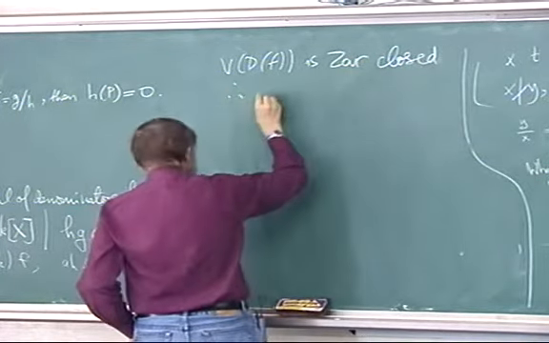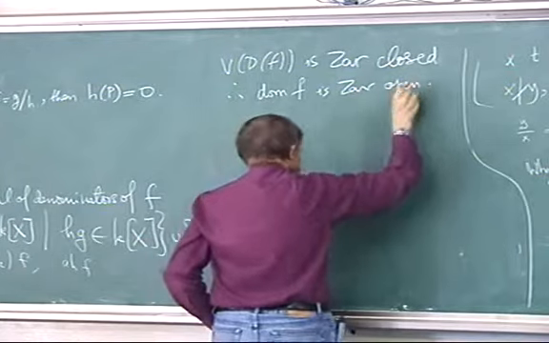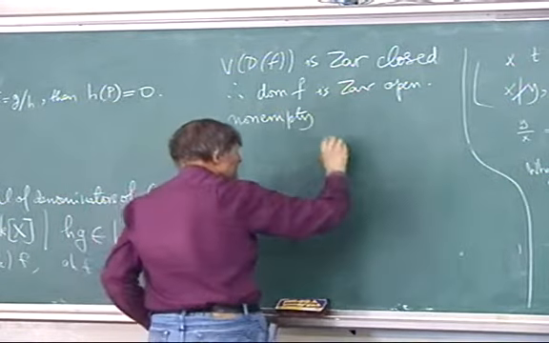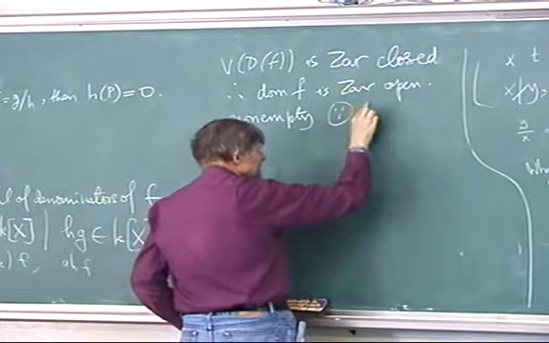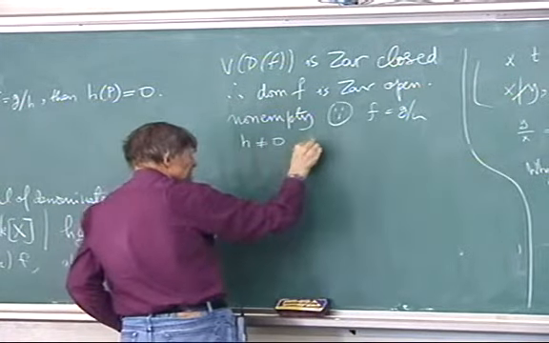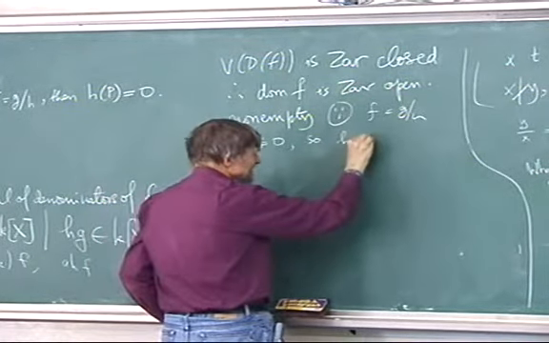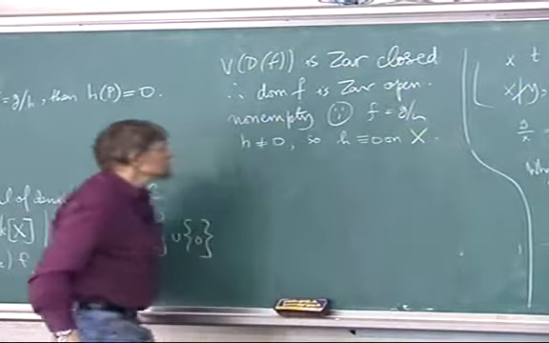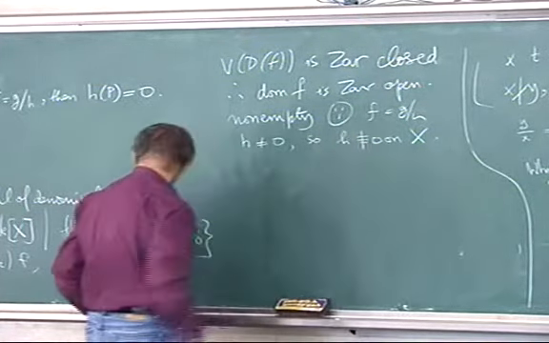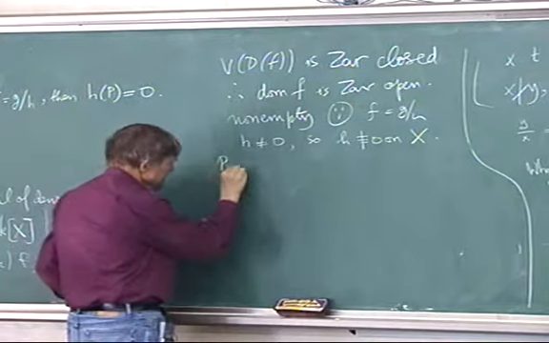Therefore, the domain of F is Zariski open, and it's non-empty because there's at least one expression, F is G over H, with H not equal to 0. H is not identically 0 on X, and this means at some points it's not 0. Okay? So this proves part 1.